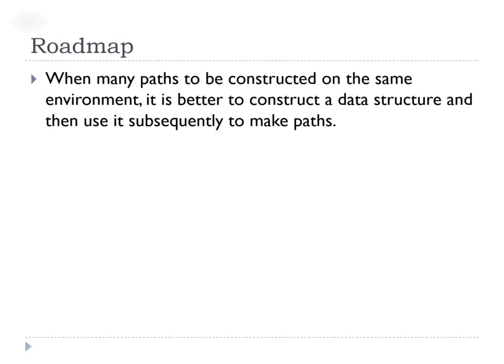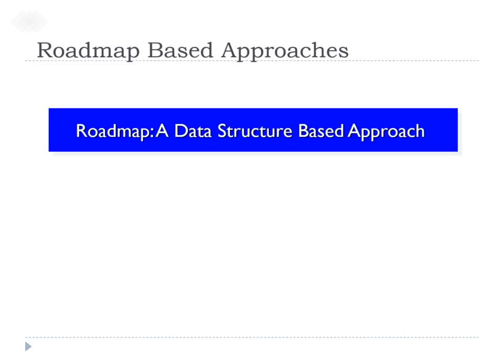So what we do is that we construct a roadmap, that is the connectivity between different locations, and store it in a data structure called a roadmap. There are many roadmap-based approaches. They primarily fall into three categories.